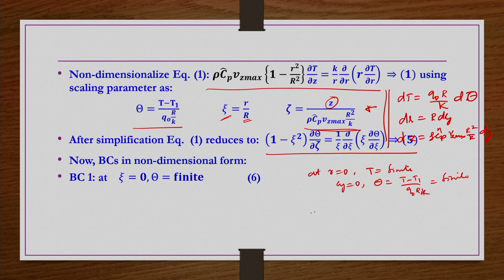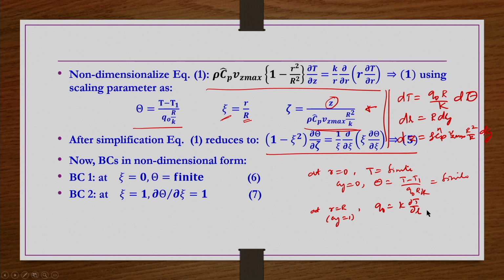Then at r equal to capital R, that means xi is equal to 1, and what is the boundary condition? The constant heat flux, that is q naught is equal to k dou T by dou r. So, at r equal to R, constant heat flux q naught is maintained, that is nothing but k dou T by dou r. Forget about the minus and plus, that is not required.